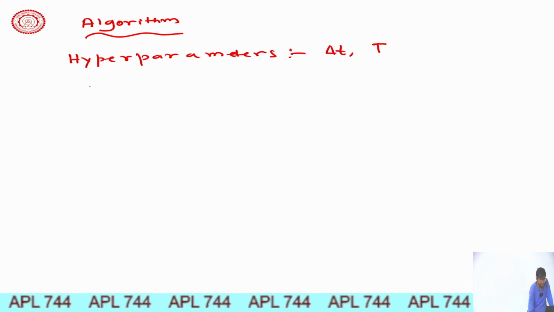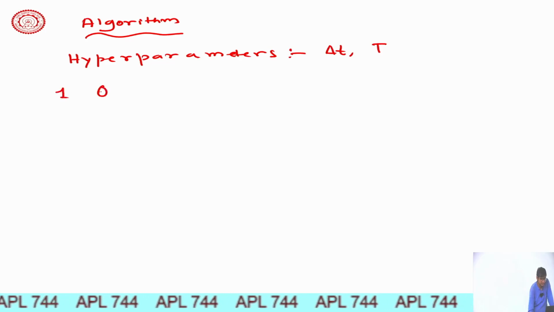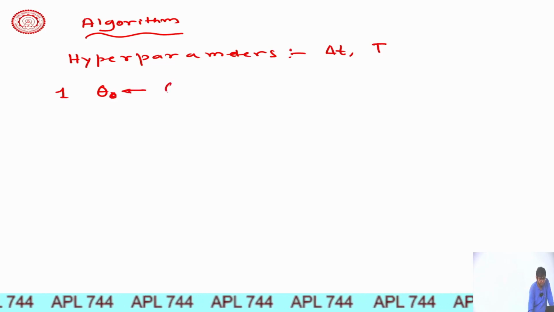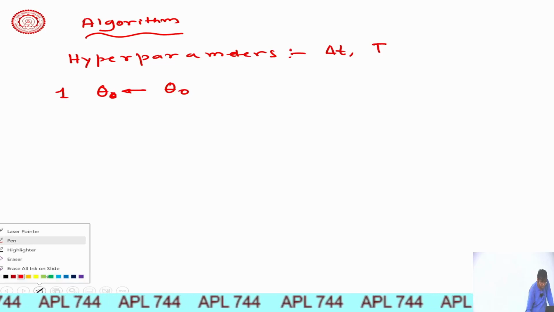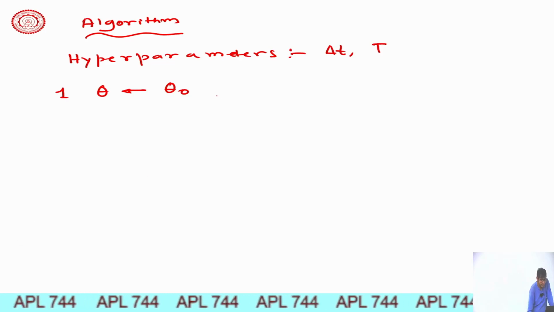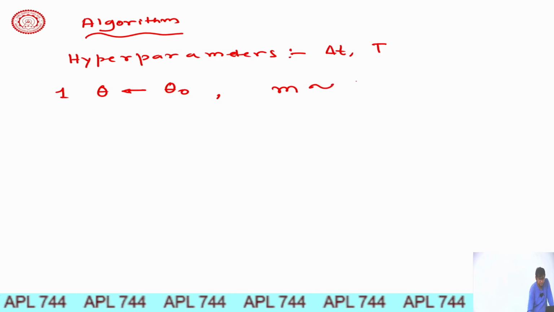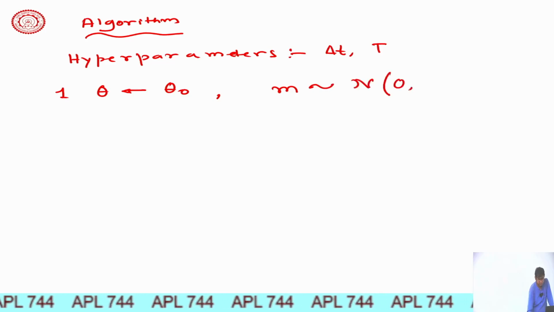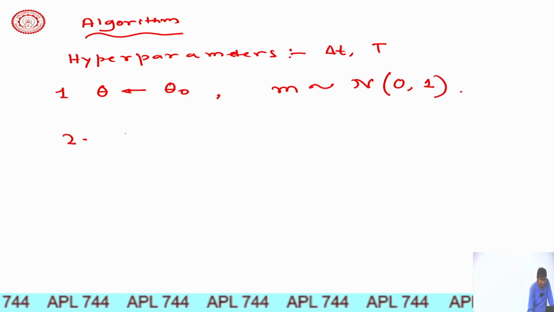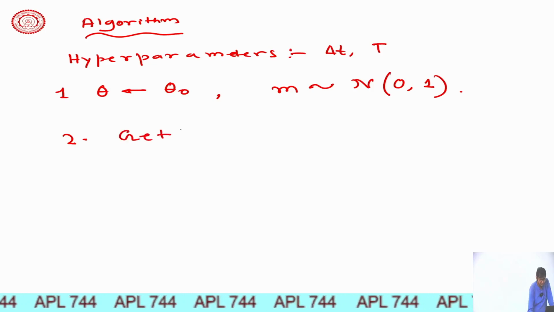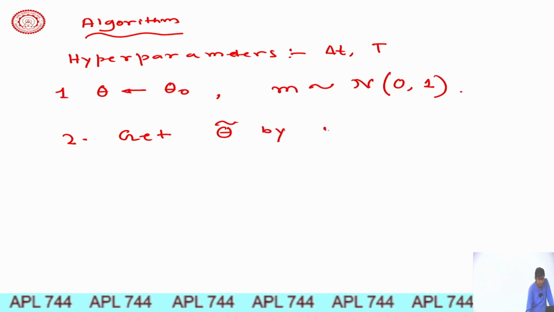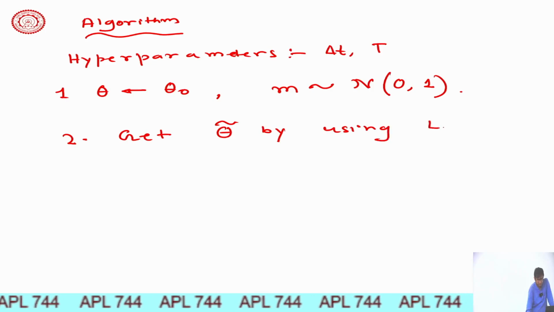So then what we will do is you will initiate theta naught, theta to be theta naught, and you will sample M from Gaussian 0, 1, get theta tilde by using leapfrog.